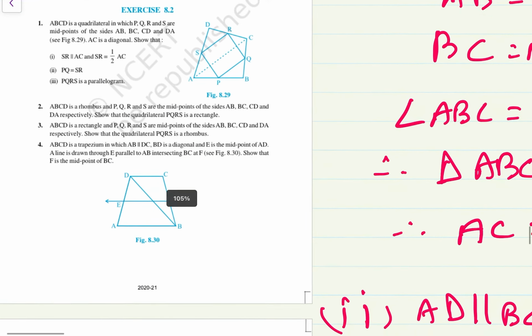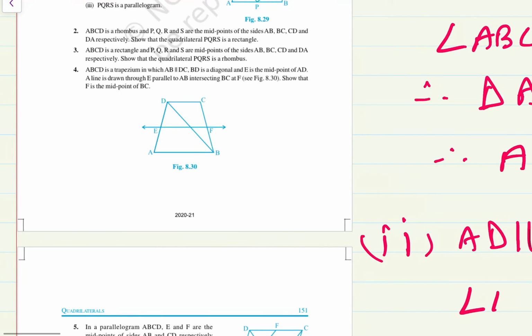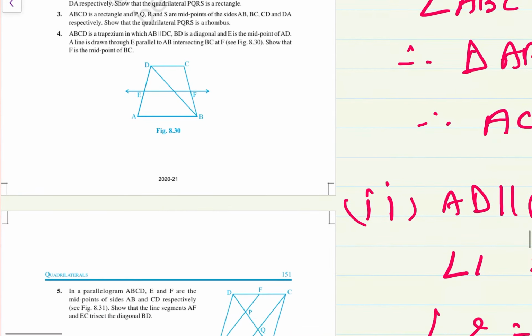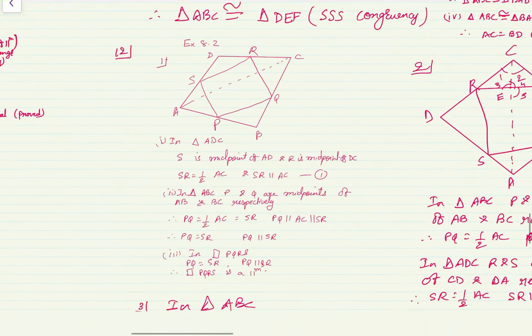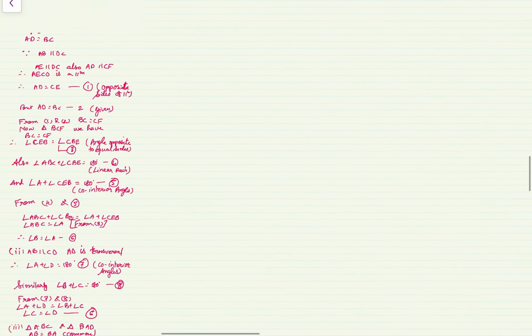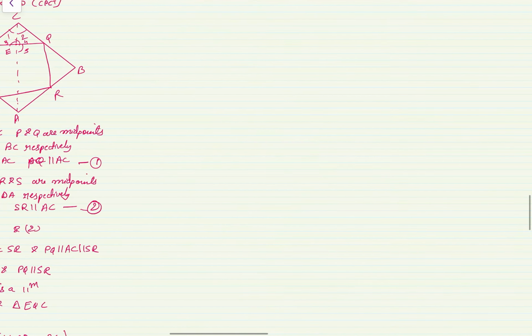Here in the fourth one we have ABCD is a trapezium in which AB is parallel to CD and BD is the diagonal, and E is the midpoint of AD, and a line is drawn from E parallel to AB intersecting BC at F. Show that F is the midpoint of BC. Now we are doing example 4.